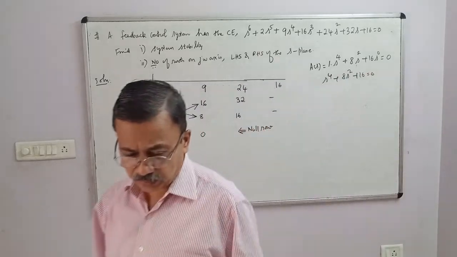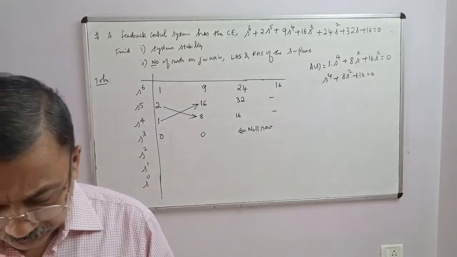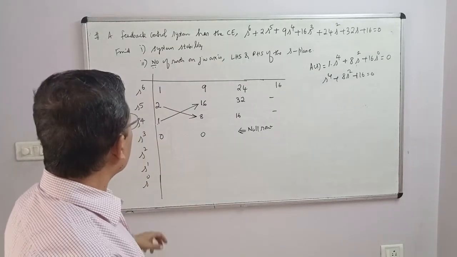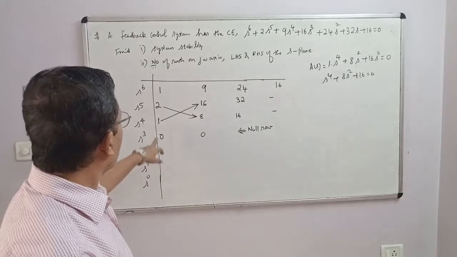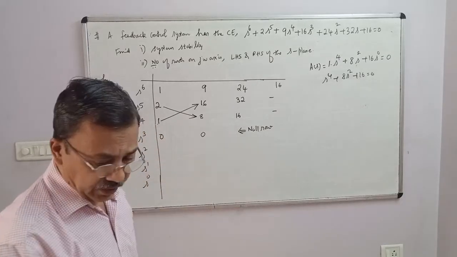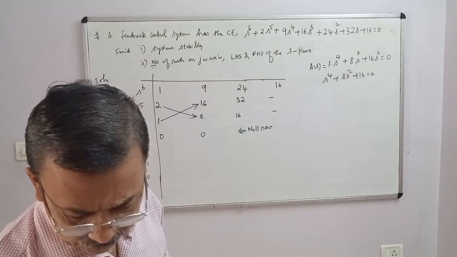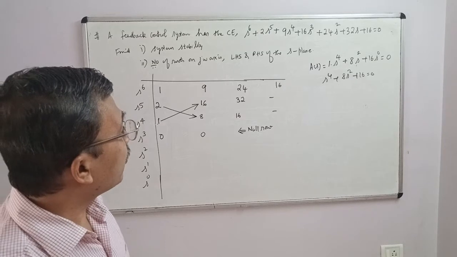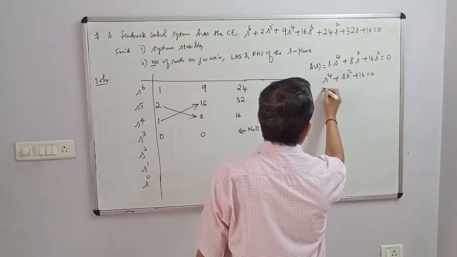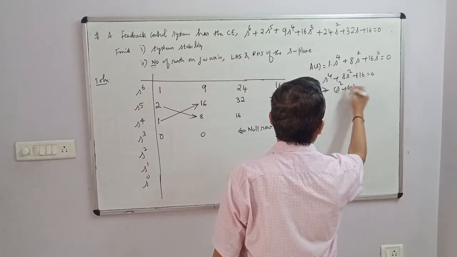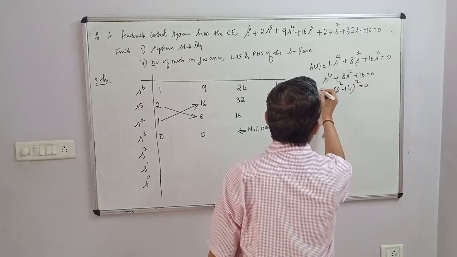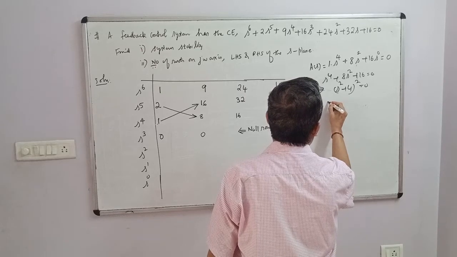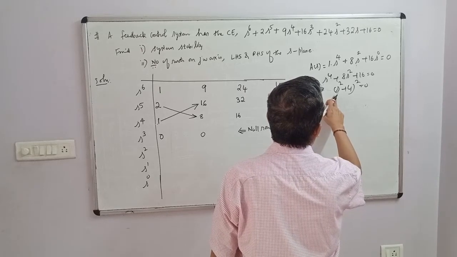Now using this equation we have to find the roots of the characteristic equation that lie on the j omega axis. This is 1, 8, 16. What is this? This is nothing but s square plus 4 whole square equal to 0.